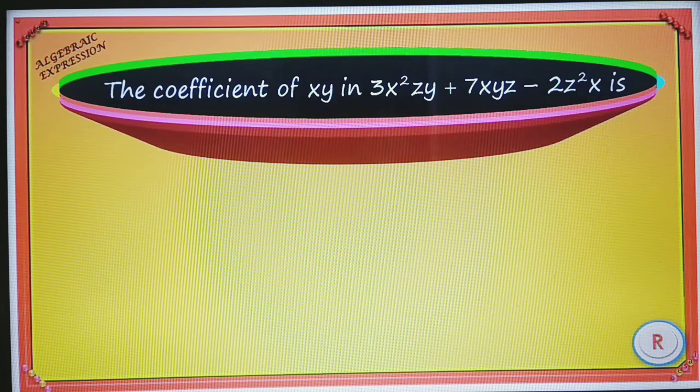The coefficient of xy in 3x square zy plus 7xyz minus 2z square x is.